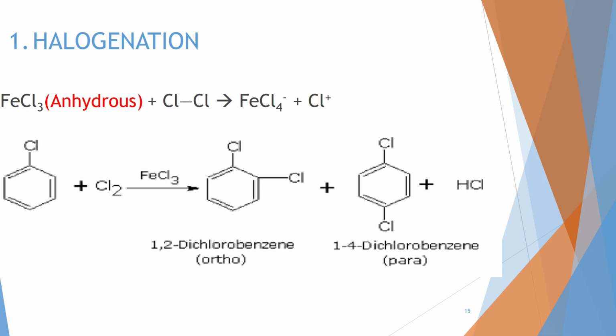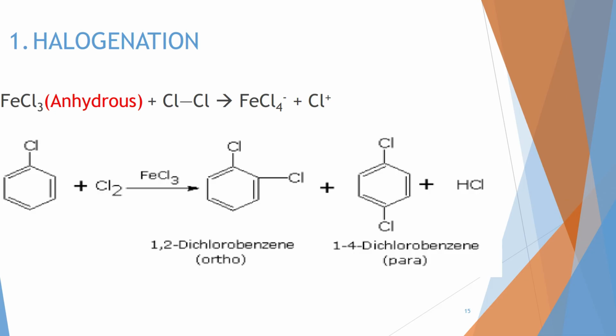1,2-dichlorobenzene, and also it attacks at the para position to give 1,4-dichlorobenzene. And whenever we compare these two, you will see that in comparison to 1,2-dichlorobenzene, 1,4-dichlorobenzene is more stable because of two reasons. The first is steric hindrance, and the second thing is the symmetric nature.